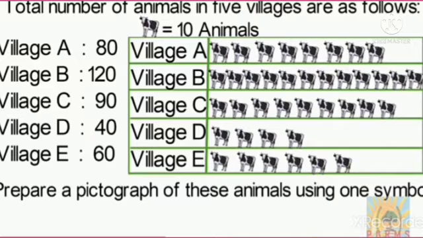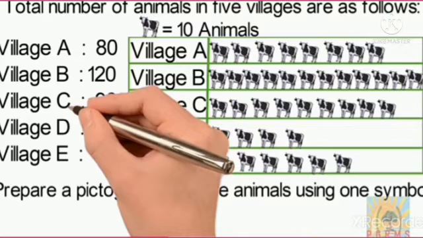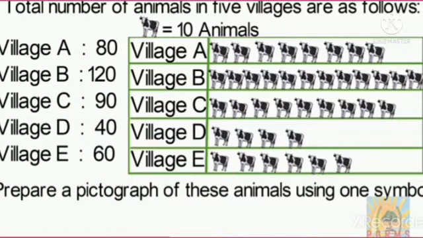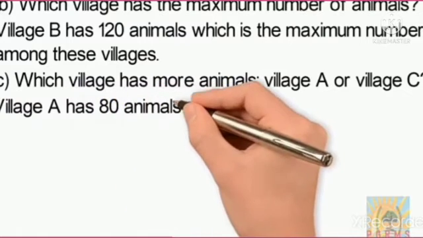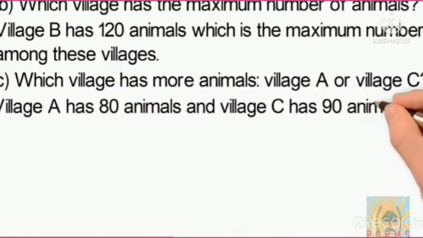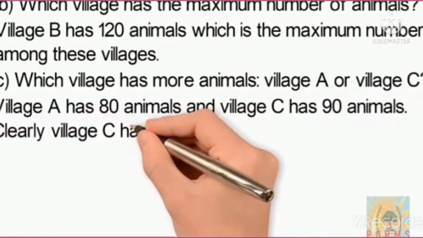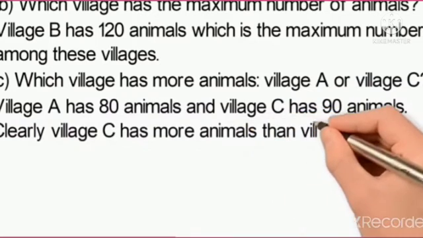So we will conclude by this pictograph that village A has less than village C. So we will write village A has 80 animals and village C has 90 animals. Clearly village C has more animals than village A.